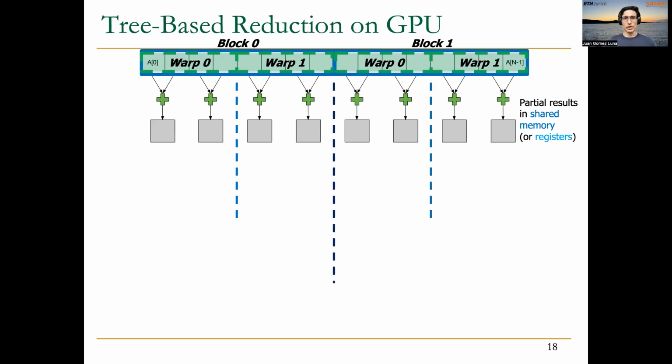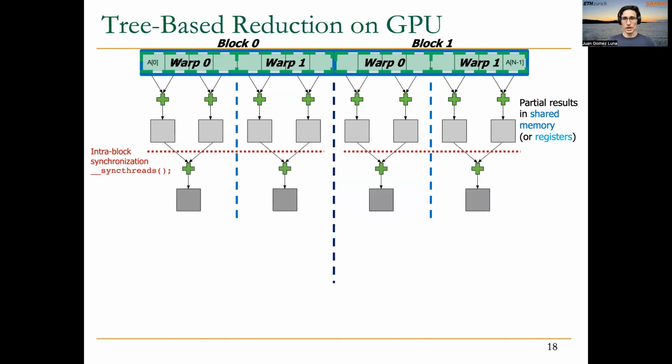Another important thing to take into account is that threads or warps in the same thread block execute in lockstep, but different warps inside the same thread block do not execute simultaneously. They need to synchronize in some way. So we would use an intra-block synchronization, or a sync threads, that we already know from previous lectures.